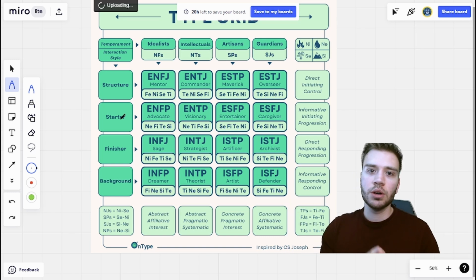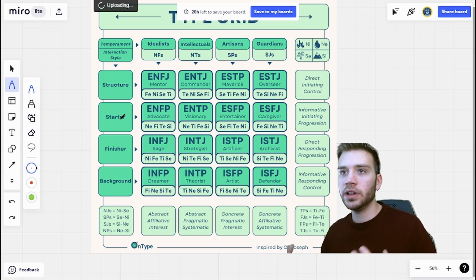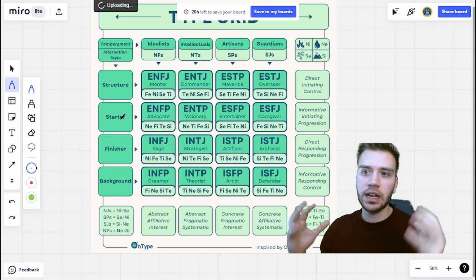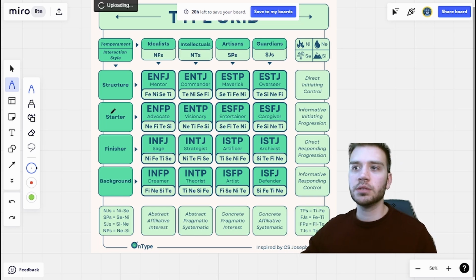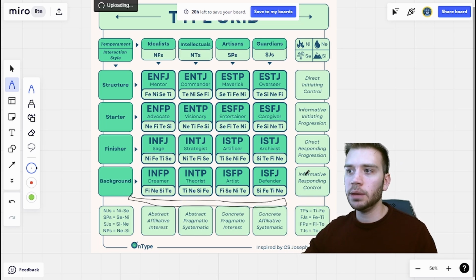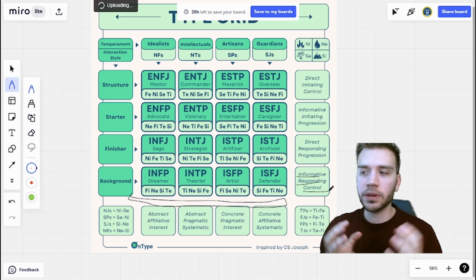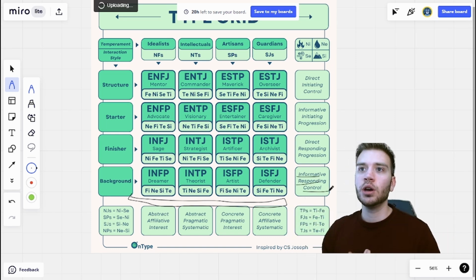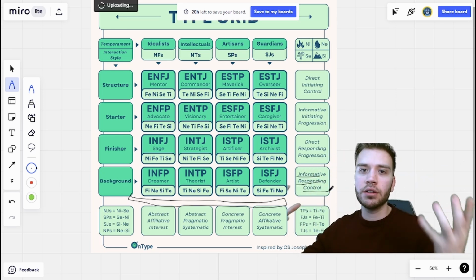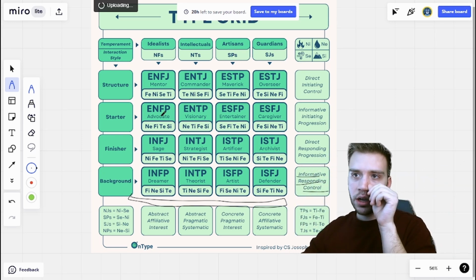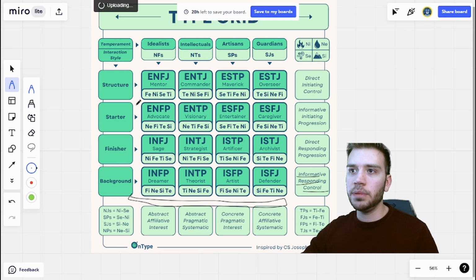So starter types will start a project, finisher types will finish it, structure types will oversee it, and background types will support it. So that's what I was talking about, like the house, right? So we have the supporting nature of the background types, who are informative, responding, and control. They keep control and order, but they do it from the background, behind the scenes, whereas structure types are in the limelight. They're in the front, leading the charge. And starter types are kind of the beginning of the structure of the house.